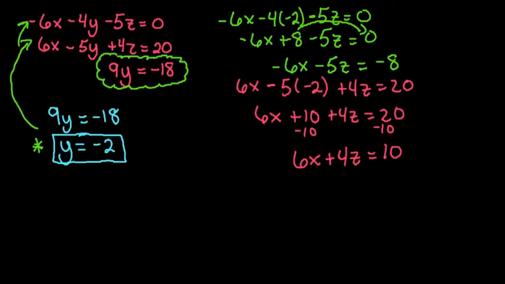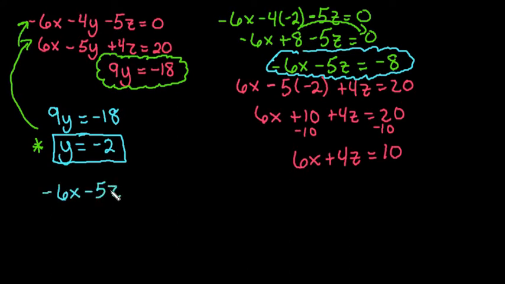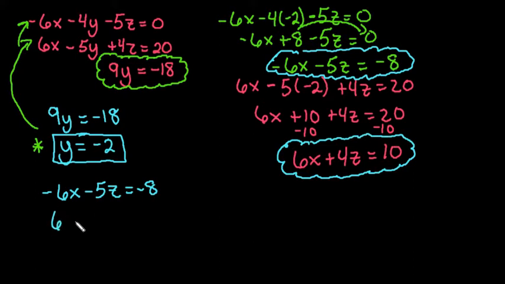Now that I've simplified these two equations down to where I have two variables, I'm going to take this equation here, the negative 6x minus 5z equals negative 8, and this equation, the 6x plus 4z equals 10.